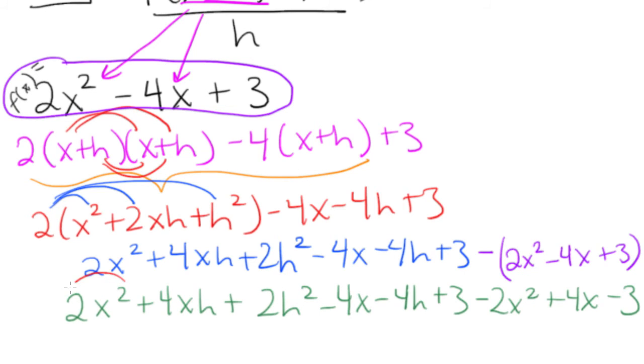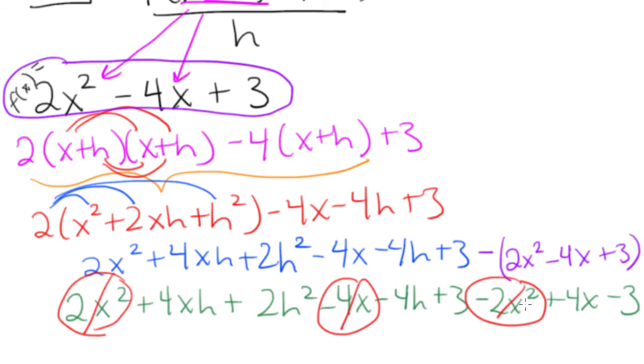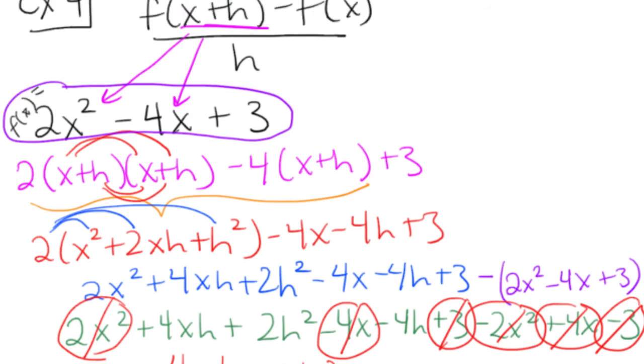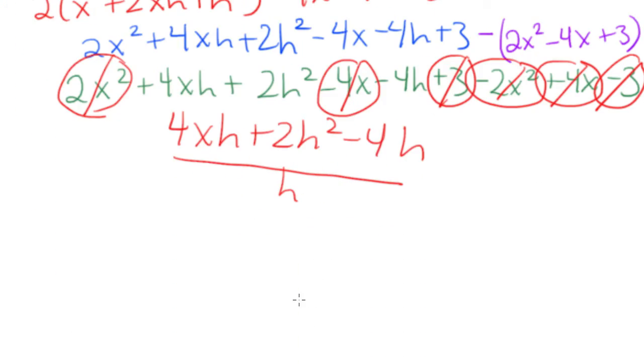So we can cancel out this 2x squared and this 2x squared, this negative 4x and this positive 4x, positive 3 and negative 3, and then we're left with 4xh plus 2h squared minus 4h, and remember that is all over h. Oops, I hope that you guys can see that. So that's what we're left with.